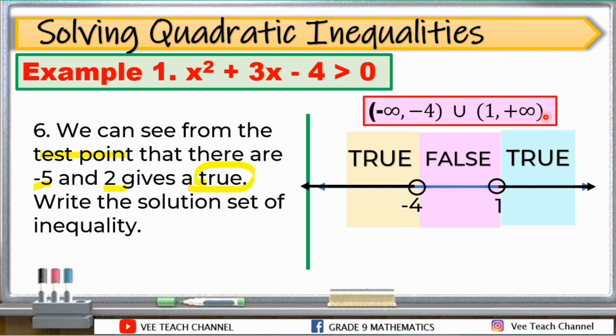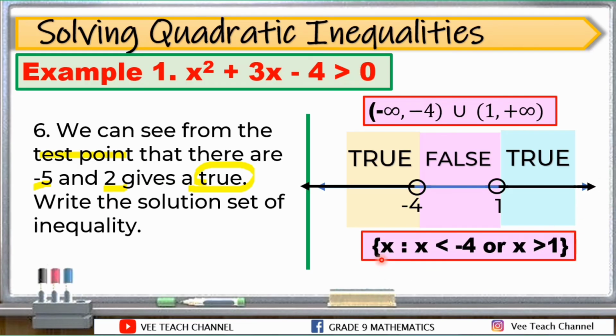Ibig sabihin lang yan, yung ating solution set or possible values ng x natin ay maaaring ito. Mga numbers na mababa sa -4 at mga numbers na mataas sa +1. Ayan yung possible values ng x natin. Kaya tinawag siyang solution set.